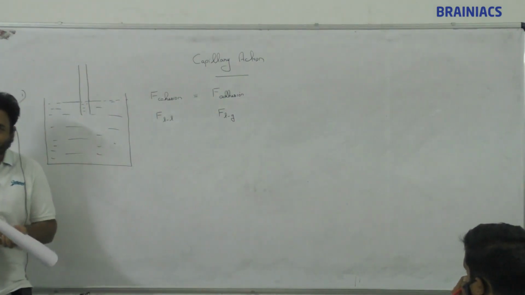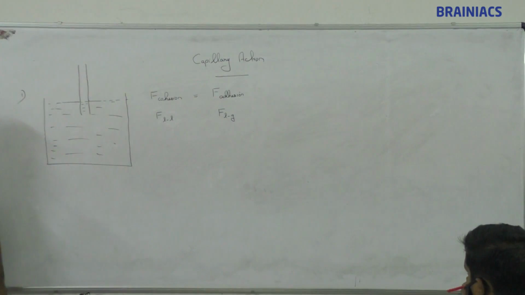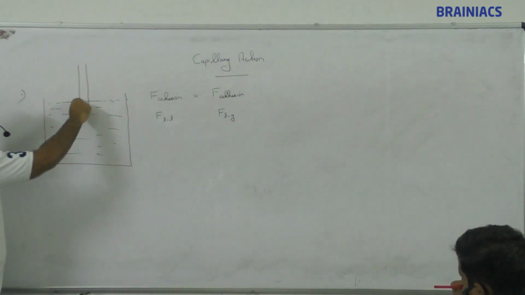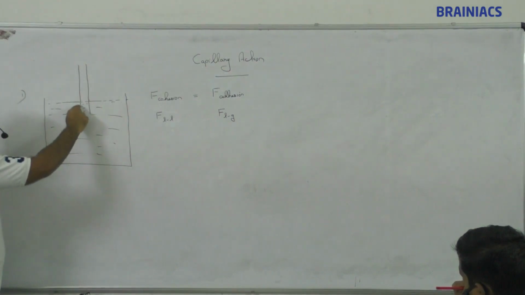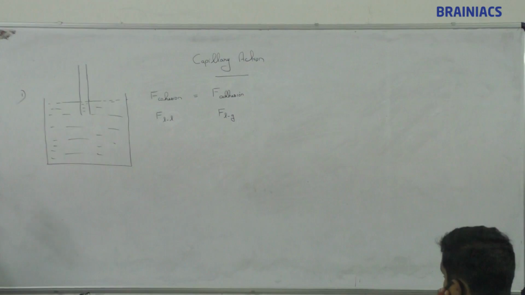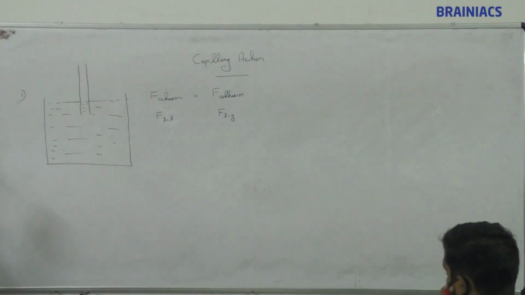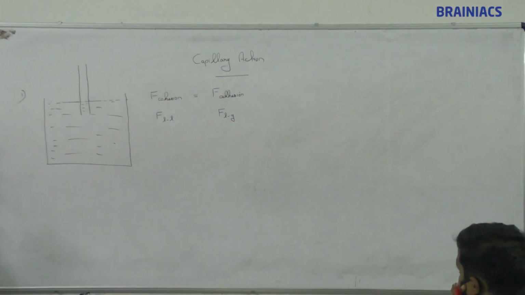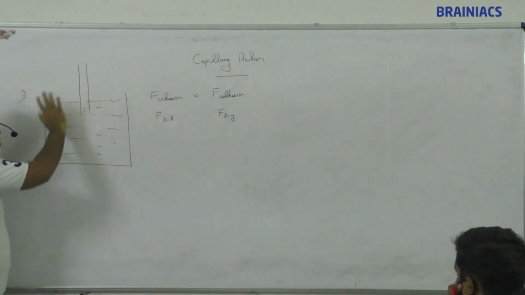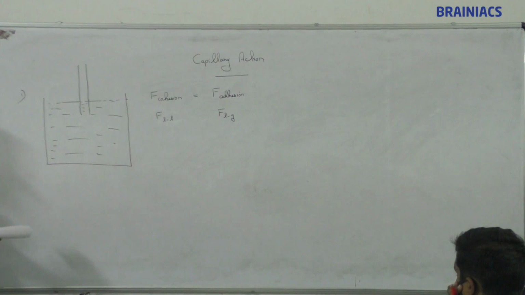Why worry about this? Sometimes two possibilities are there. This can bend in this direction, or it can bend in this way also. Those children who haven't seen this for a long time might have forgotten, so that is why I am saying. So this is one case: there won't be any capillary rise.